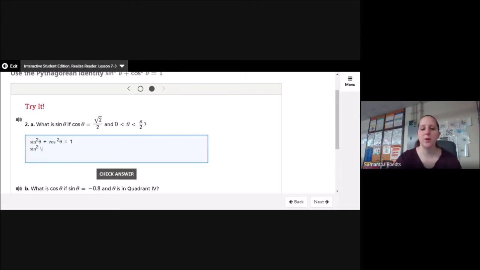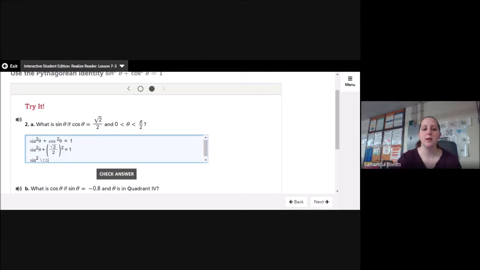We don't know what sine squared theta is, but we do know what cosine theta is, square root of 2 over 2. So we're going to do square root of 2 over 2 squared. Square root of 2 squared is square root of 2 times square root of 2, which is just 2.